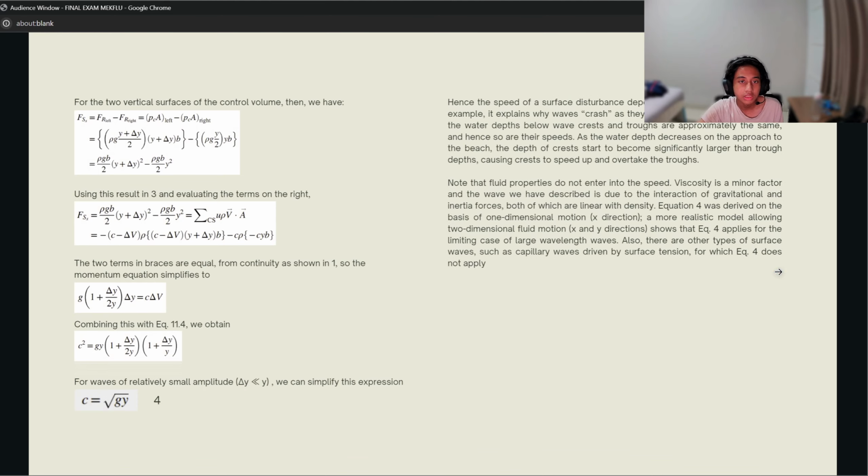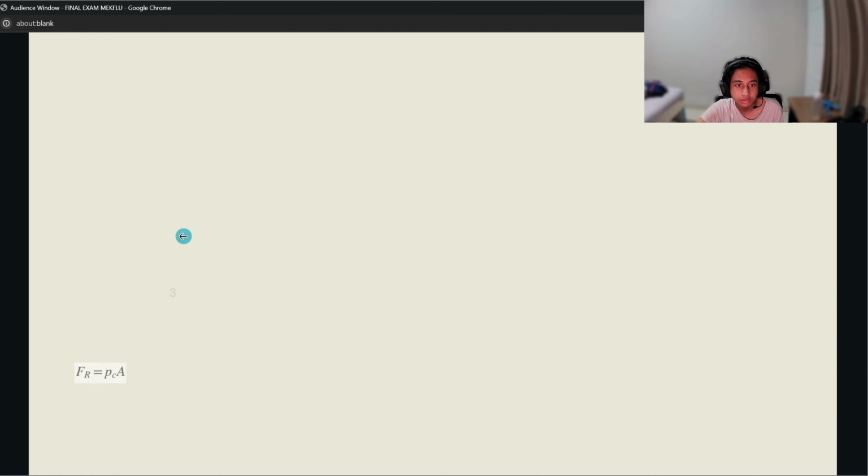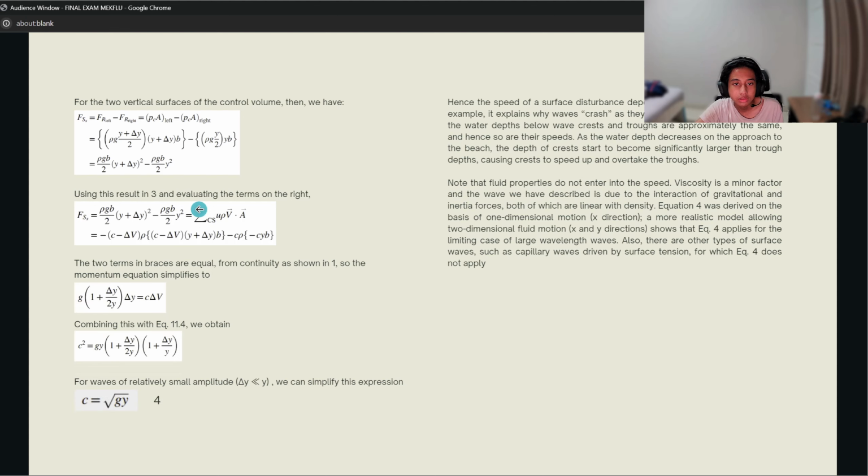For the vertical surface of the control volume, we have this equation using the result in equation number 3. Evaluating the term on the right, we get the force on the surface as this equation. The two terms are equal from continuity as shown in equation number 1. So the momentum equation simplifies to this equation, combining it with equation 11.